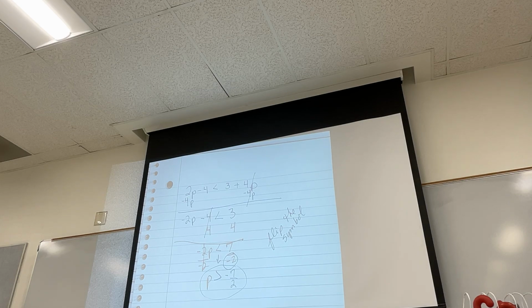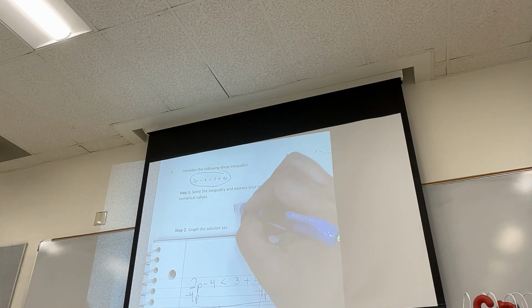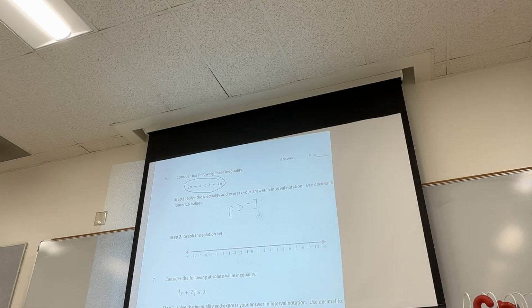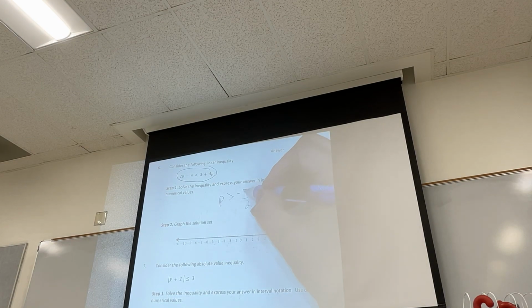Okay? All right, so we'll go back to our paper. When we solved it, we got p is greater than negative 7/2. And we want a graph. Oh, I'm sorry, hold on. What did the direction say? Use a decimal form, right? As well as write interval notation. So, can I rewrite negative 7/2 as a decimal?